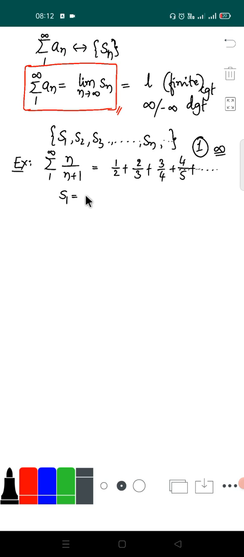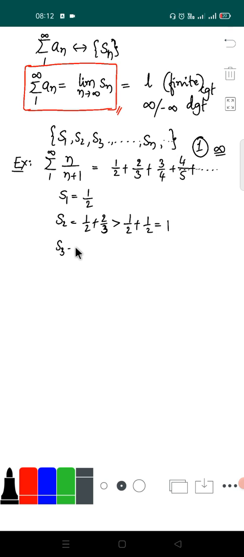So S1 is half, and S2 is 1 by 2 plus 2 by 3. This is obviously greater than adding half and half, which is 1, because 2 by 3 is greater than half.